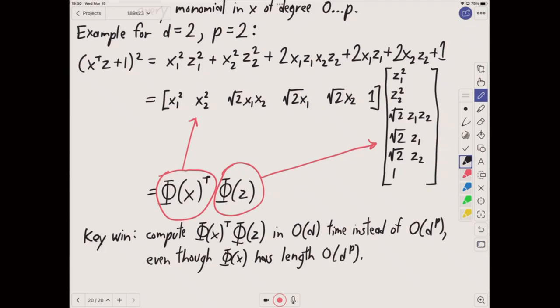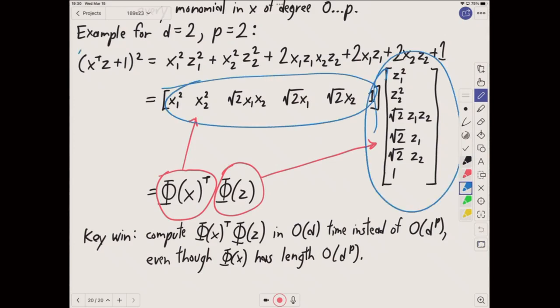So I'm saying this is a really long vector, and I can compute this really fast without computing those really long vectors. In fact, I can compute that so fast it's sublinear, exponentially faster than I can simply write out those long vectors.